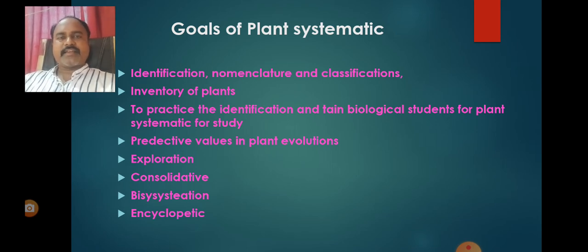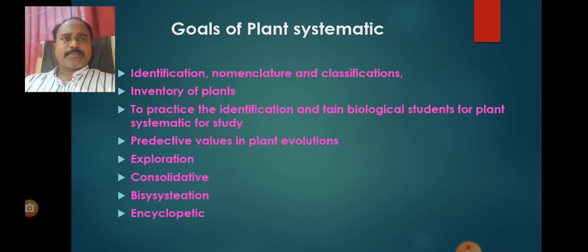If characters like pentacarpellary ovary, axile placentation and monadelphous stamens are there, then that group of characters means that plant individual should be placed into the Malvaceae family. Then in that Malvaceae family there are again a number of genera, like Hibiscus, Malvastrum, Gossypium. Even sensu stricto shows that the Elaeocarpaceae, Tiliaceae and Sterculiaceae families are included in the Malvaceae group.